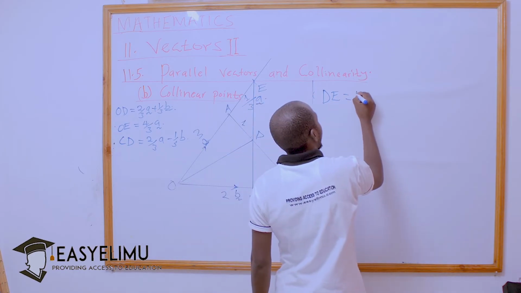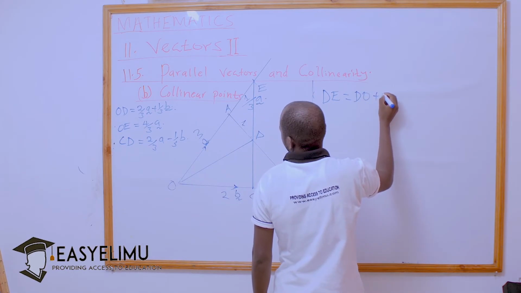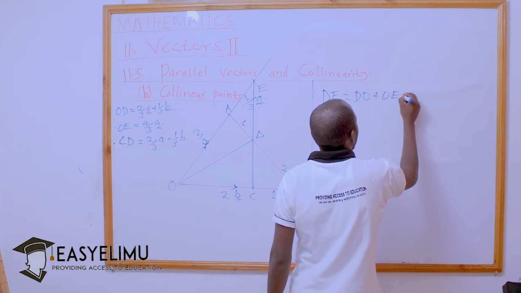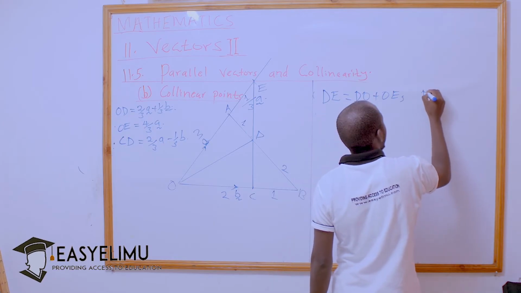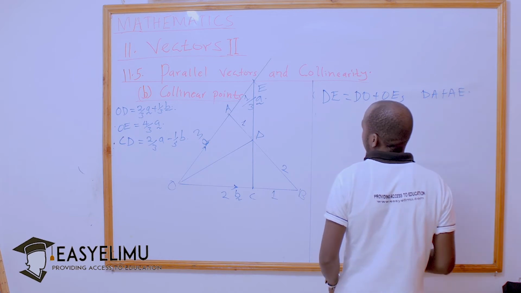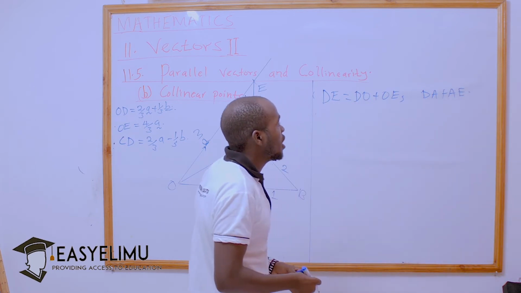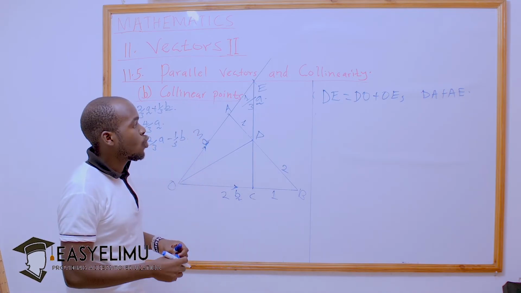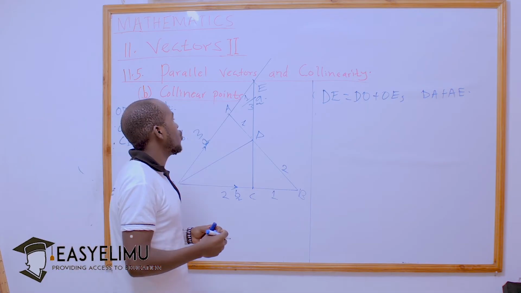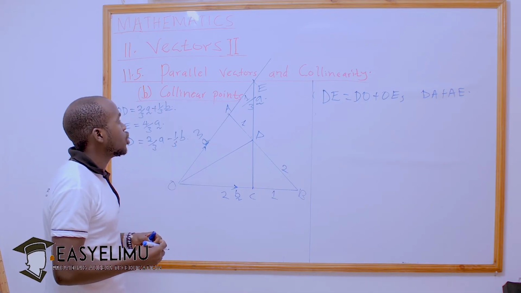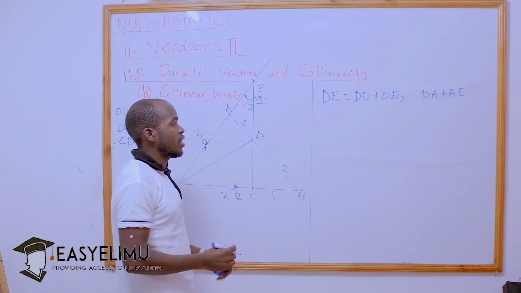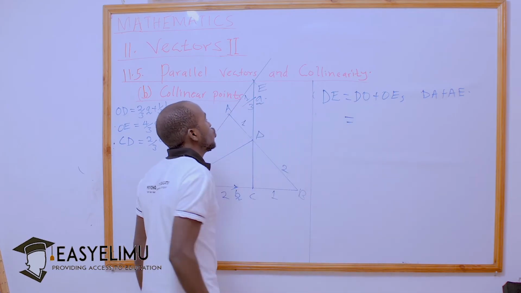But I prefer to take what you already have. Here we have OE and we also have OD, so we can use OD and OE to find DE.